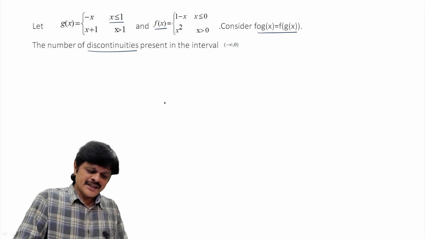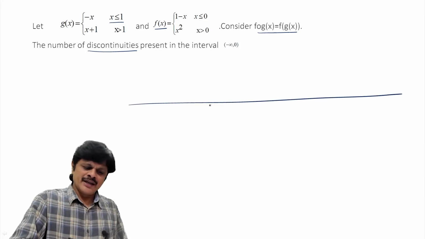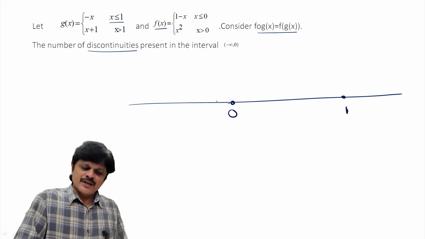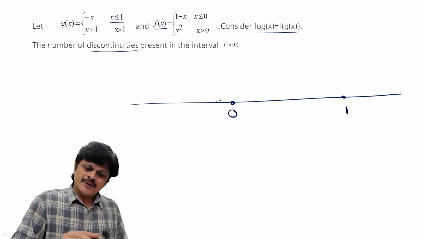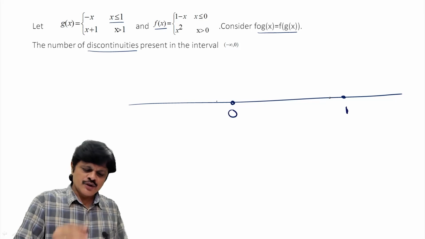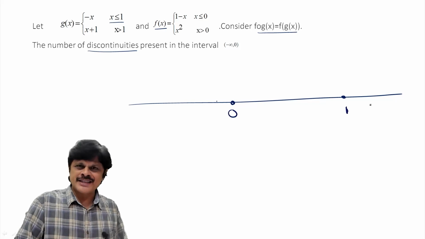So we need to understand this entire story in these intervals. There is a point 0 and there is a point 1. So before 0, after 1, and between 0 and 1, the definition is changing. So we need to write the definition of f of g of x for each of these intervals.